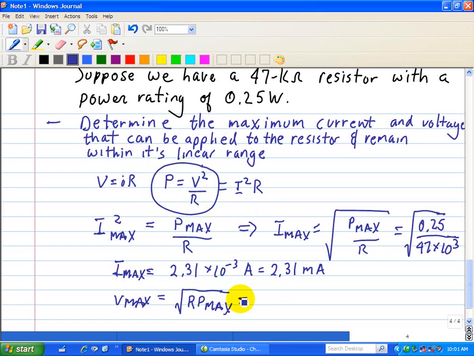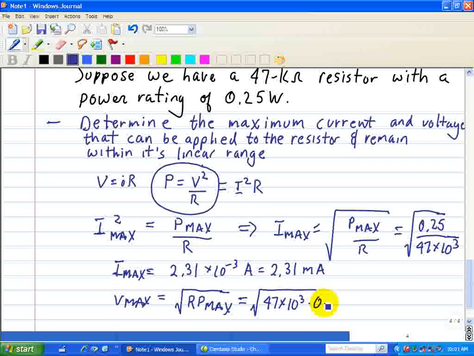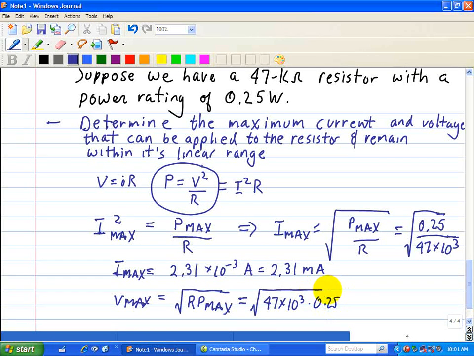In that case right here, this would be 47 times 10 to the third times 0.25, which is equal to 108 volts. And if I multiply I max times V max, that should equal to 0.25 watts.